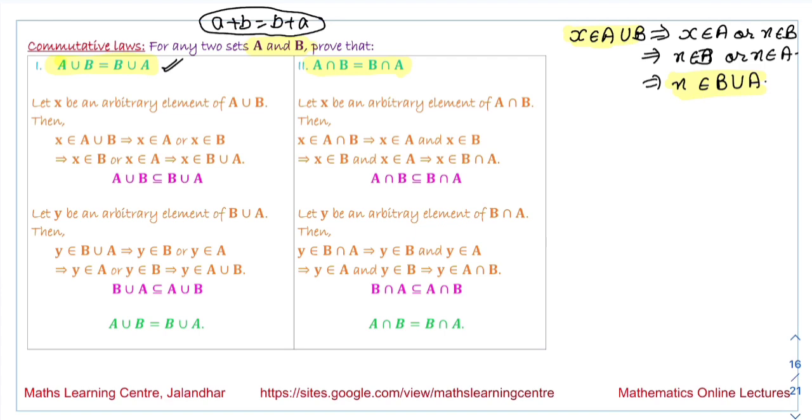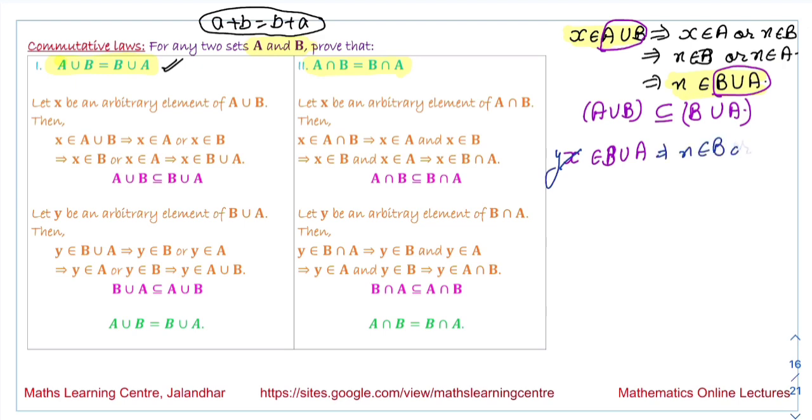Combining these two results, we get that A union B is a subset of B union A. We are saying every element of A union B is an element of B union A. Similarly, if X belongs to B union A, or in place of X we can write any element Y which belongs to this, then X belongs to B or X belongs to A. This gives us X belongs to A or X belongs to B, which gives us X belongs to A union B. You can write X or you can write Y, it is up to you how you want to write.